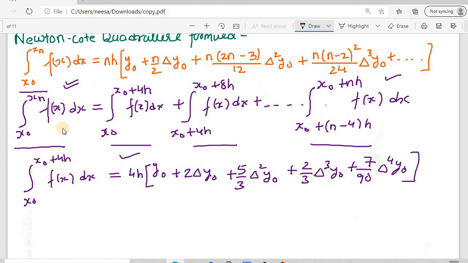We got this formula just by substituting n is equal to 4 in the Newton Cotes quadrature formula and taking the terms till del to the power 4 y.